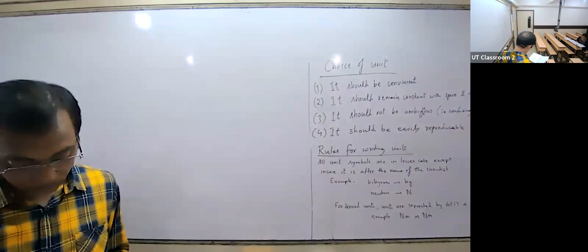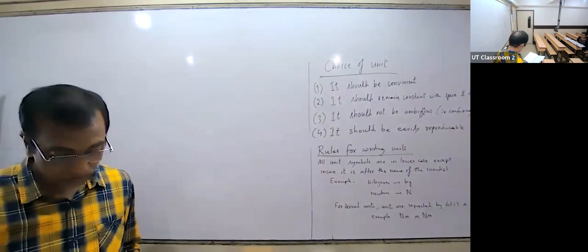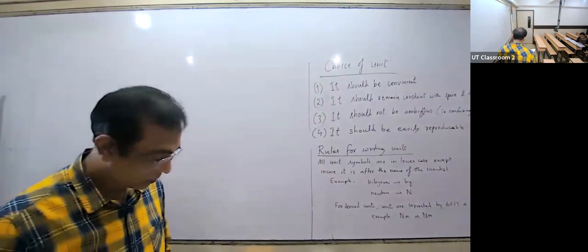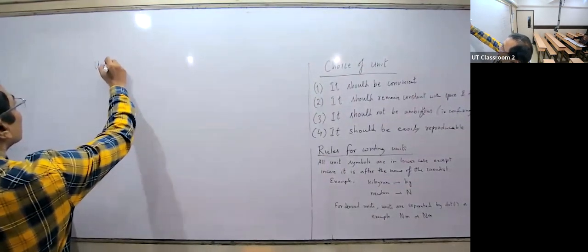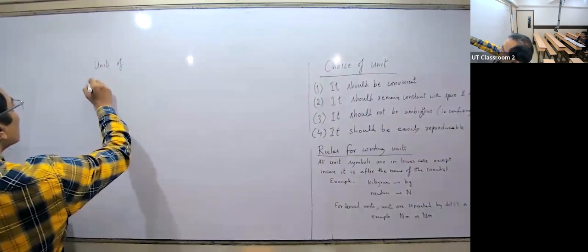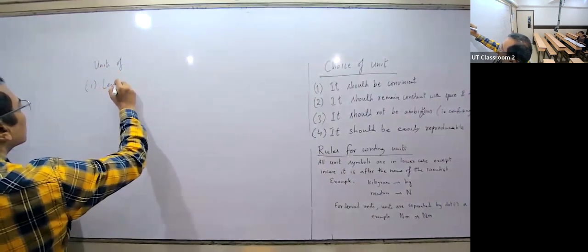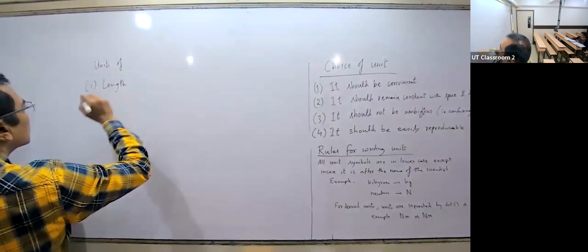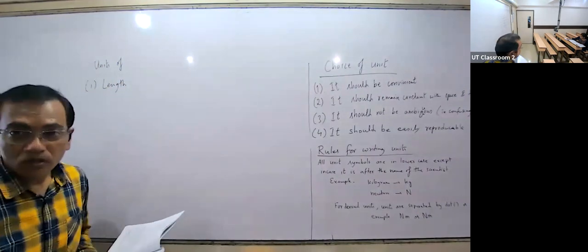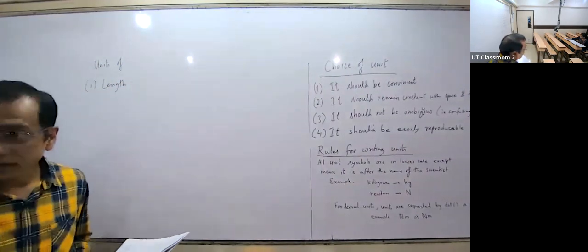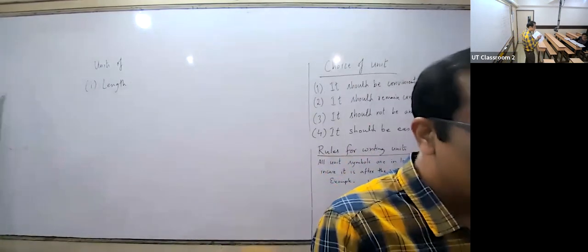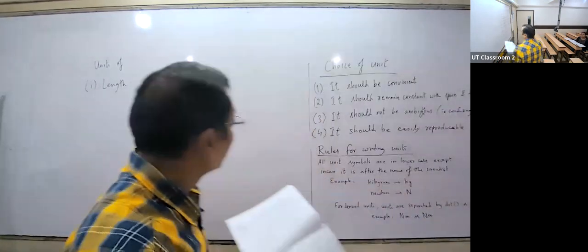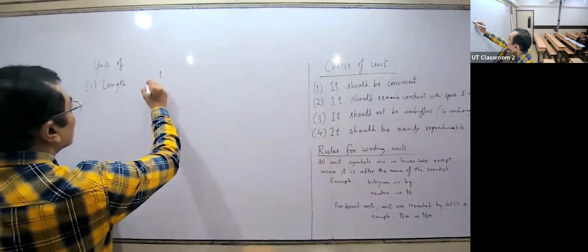So, come to units of length. First is length. So how do we define length? It is defined in terms of how much distance the light travels in this fraction of a second.